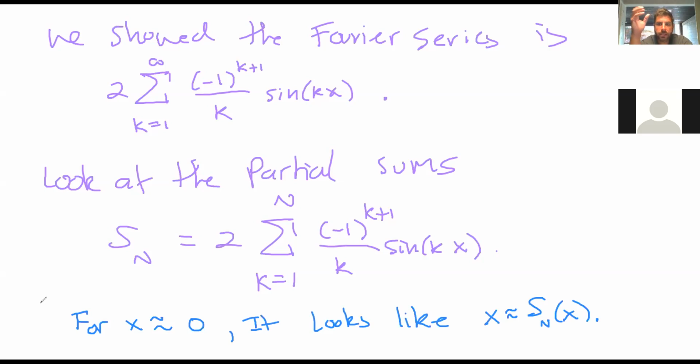Another way to phrase that, if we use the language of series, is for x close to 0, or really, we don't even have to be that strict, for x between negative pi and pi, it looks like the series actually converges to our original function.